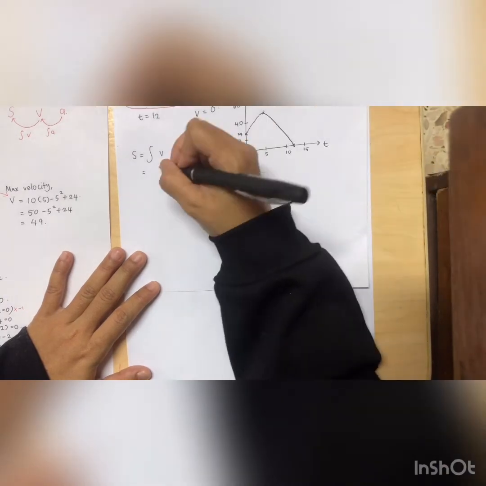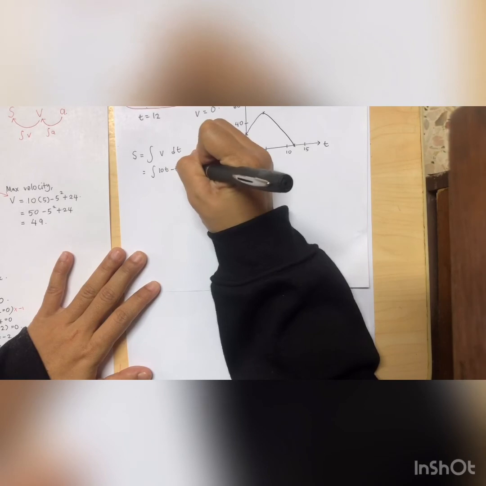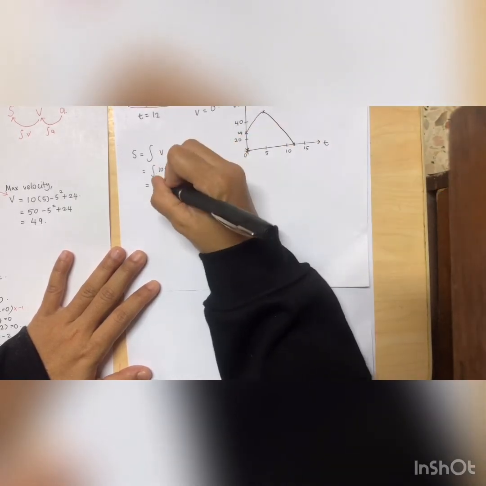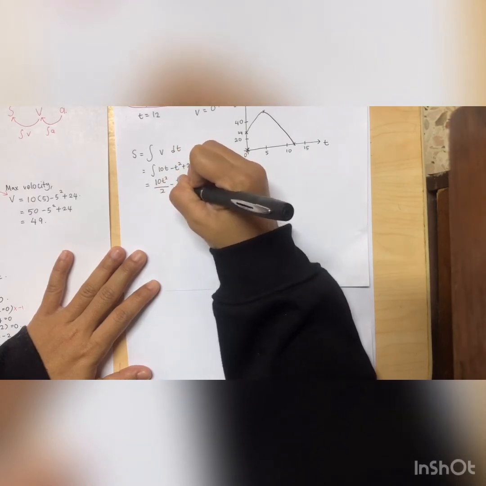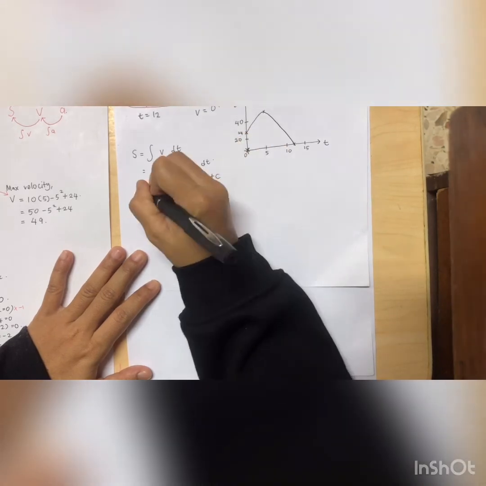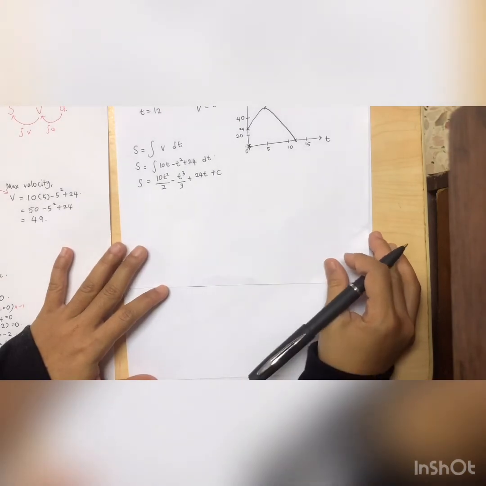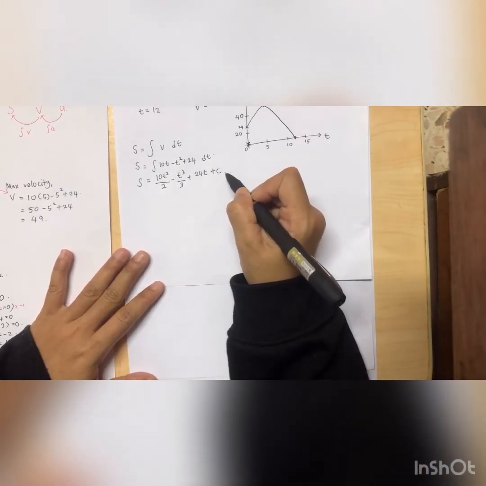So we have the integration of 10t minus t squared plus 24 dt. If we integrate that, we'll get 5t squared minus t power 3 over 3 plus 24t, and don't forget to put c, because this is an indefinite integral. So how do we find the value of c?